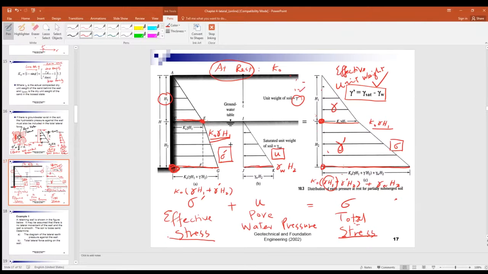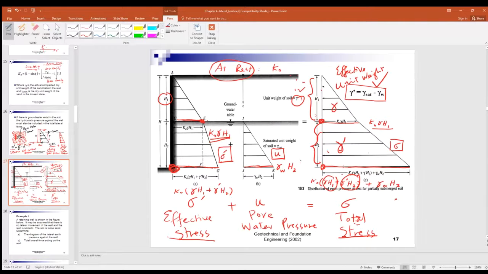And then here, what is this? What about here? The gamma plus gamma dash times H2. So you got gamma H1 plus gamma dash H2, because that is H2.